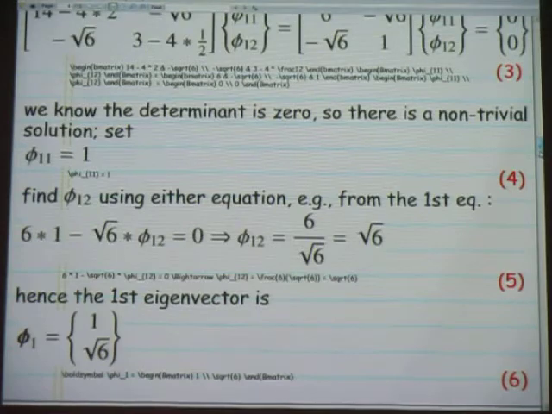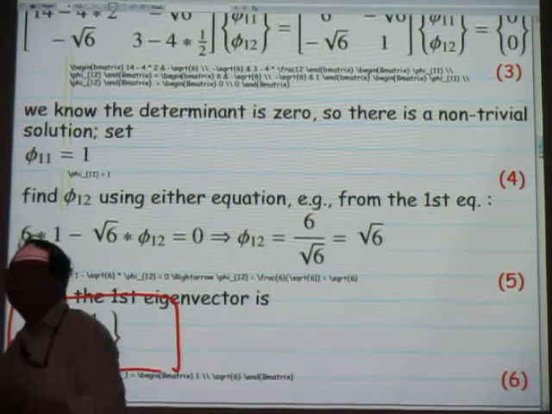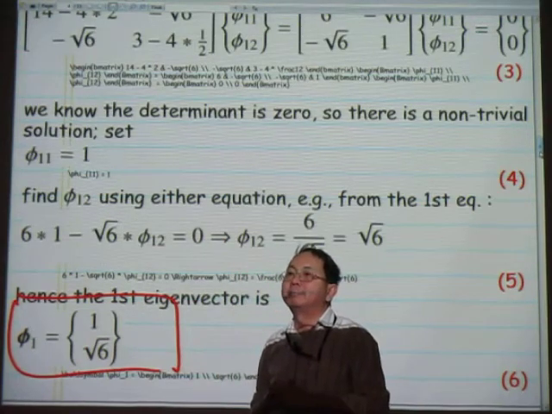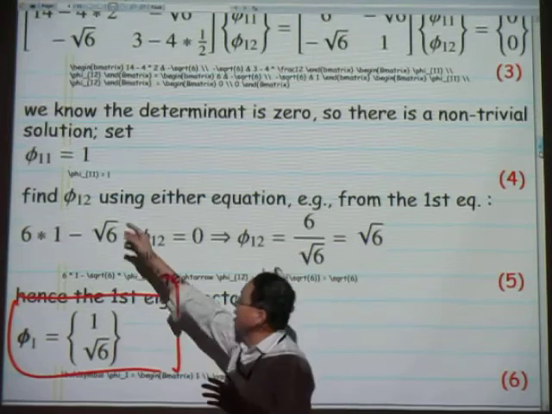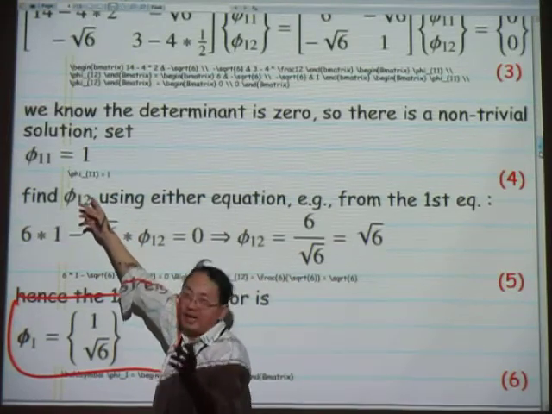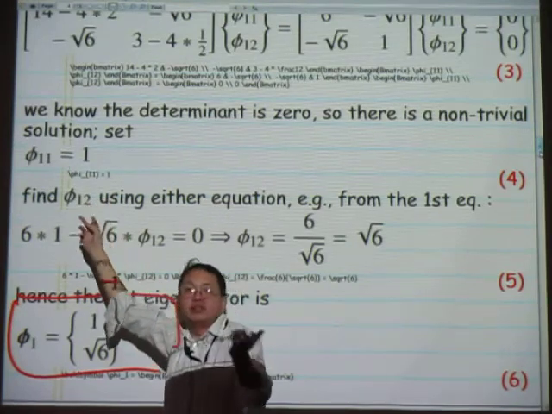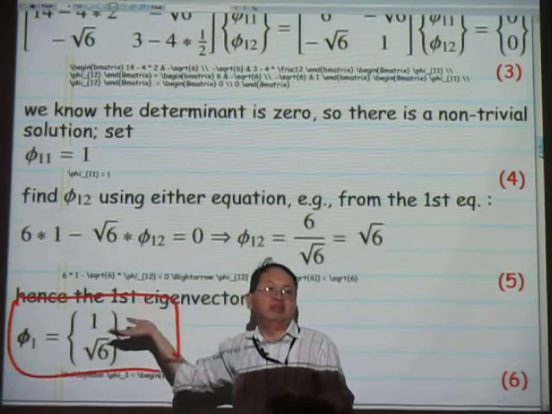So here is the result. This is the first eigenvector for the generalized eigenvalue problem. Matt asks: if we chose a different number than 1, say 2, would it still be the same eigenvector, or a different eigenvector?